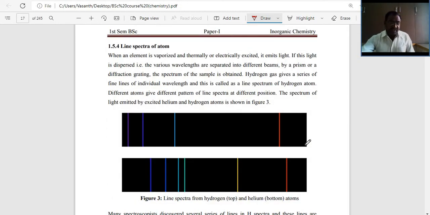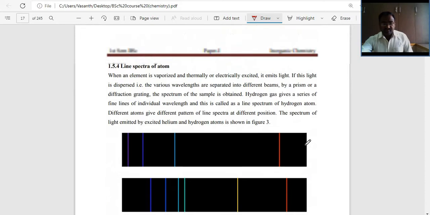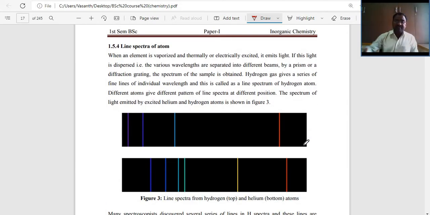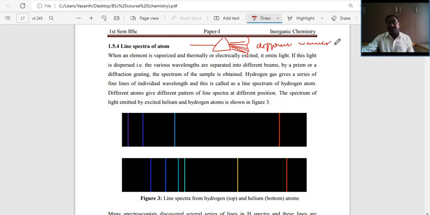Next, the line spectrum of hydrogen. When light is passed through a prism, we get different series of lines with different wavelengths. When a sample is vaporized and thermally or electrically excited, it emits light.